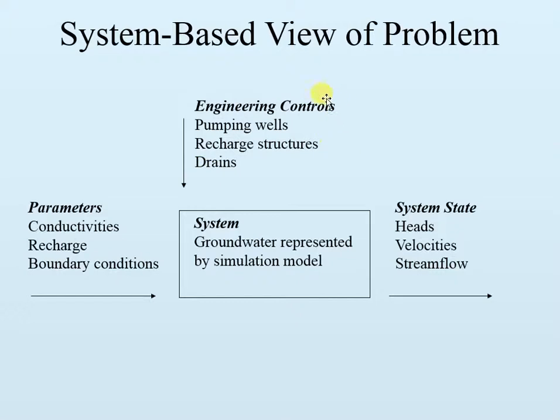The other group of inputs I isolate here as engineering controls. So these are the things we typically can control about the system. How much do we pump, how much do we recharge, etc. And once we put those two inputs into the system, or the simulation model, out comes the system state, the heads, velocity, stream flow, whatever other flows you might be interested in. This, of course, is strictly for groundwater flow models.